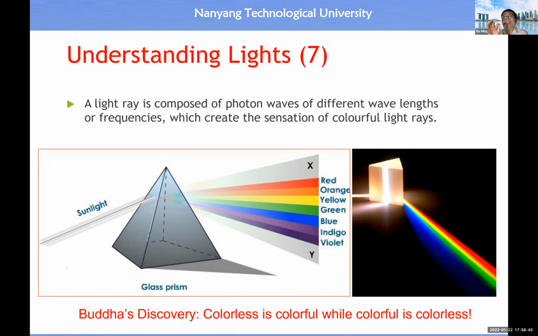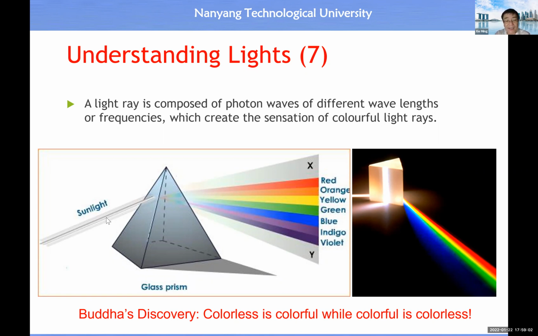There's an important discovery by scientists maybe a few hundred years ago. We observe that when light passes through a glass prism, a colorless light becomes a colorful light.